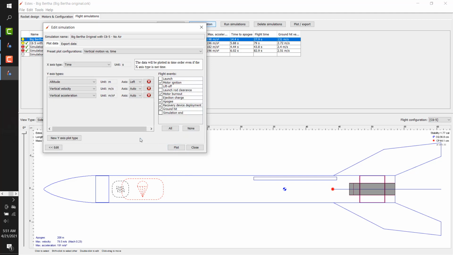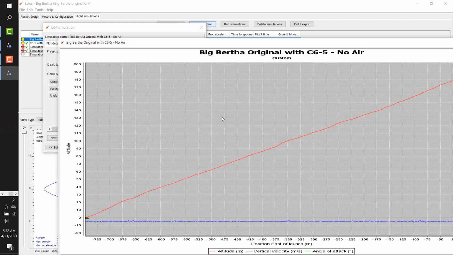What you want to plot is, on this axis, position east of the launch, and on the vertical axes, let's replace vertical acceleration with angle of attack. There it is, so we're going to plot that.